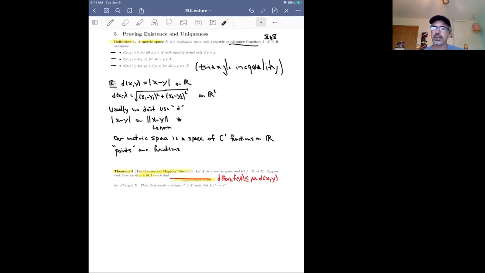All right, so those are our 2 main tools: to look at a metric space that consists of functions, and the contraction mapping theorem.